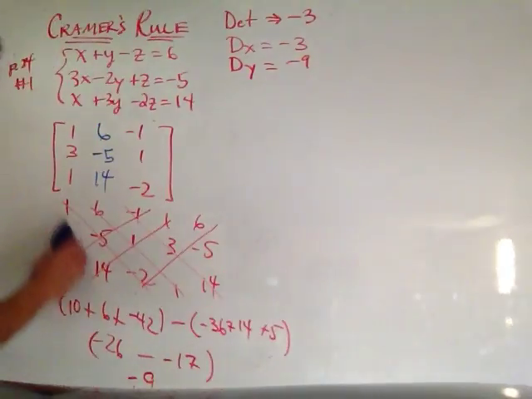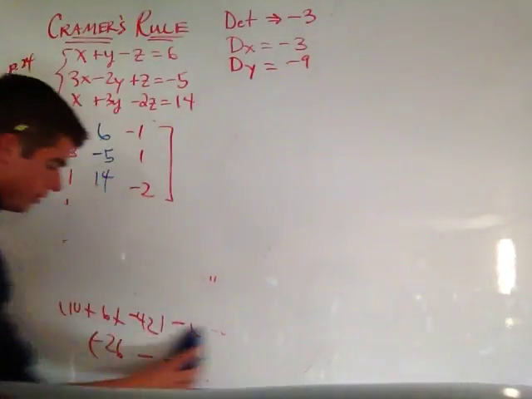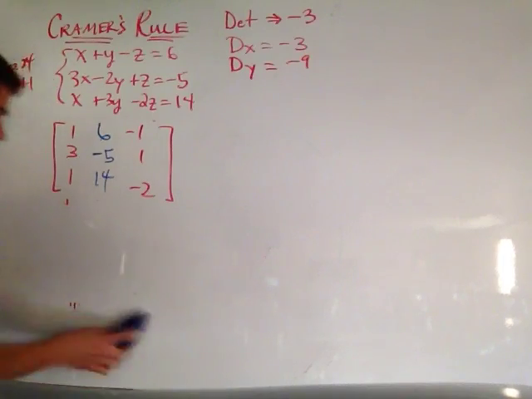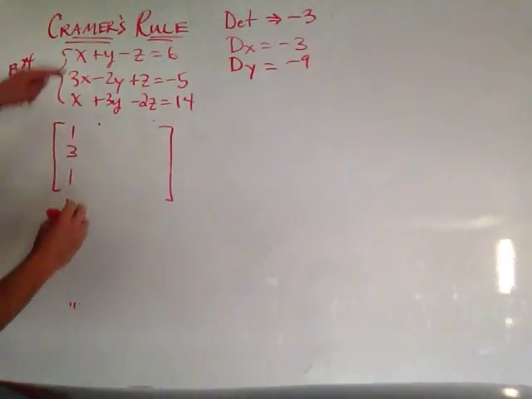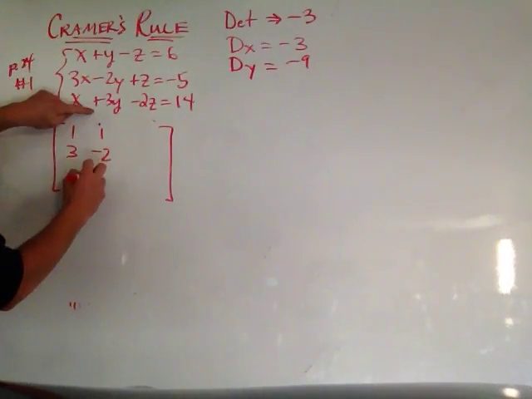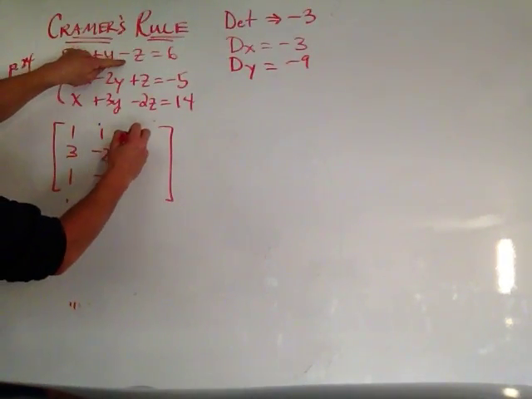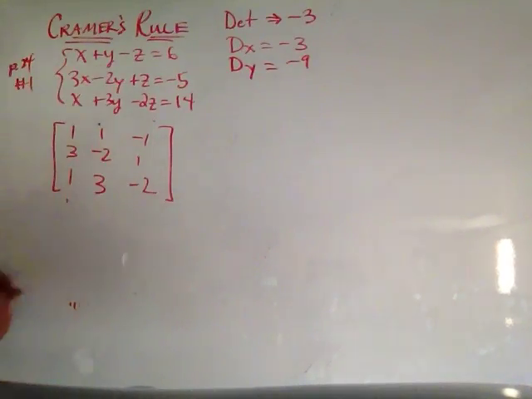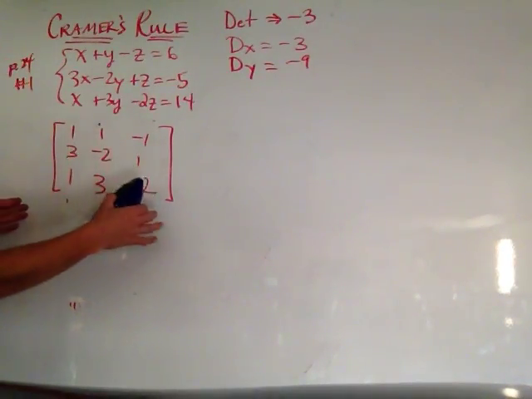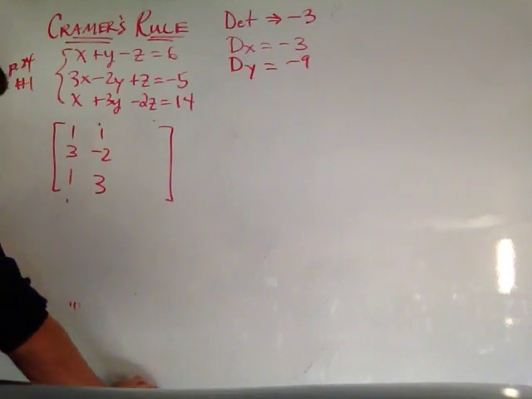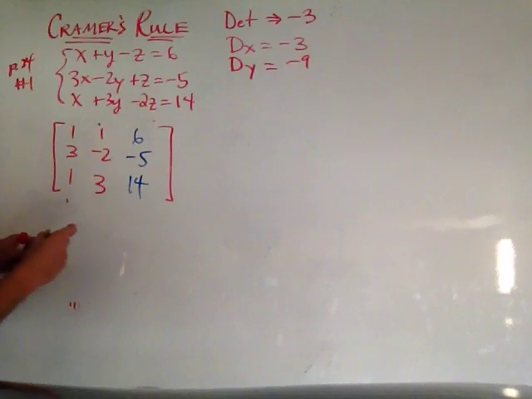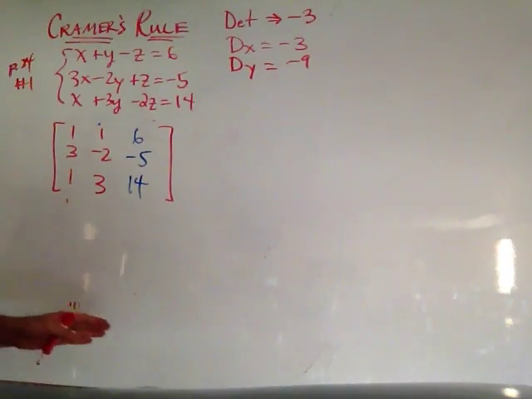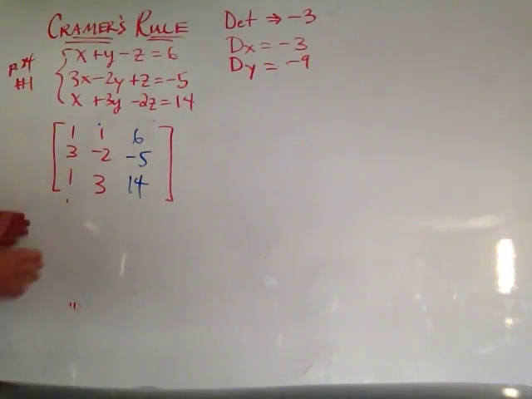Okay, last time. We will replace the z column with the solution column. So I have to put back my x and y columns, including the y column 1, -2, 3, and my z column used to be in the coefficient matrix. I'm going to replace that with 6, -5, and 14. And again, one more time, let's find the determinant of this 3x3 matrix and see what we get.